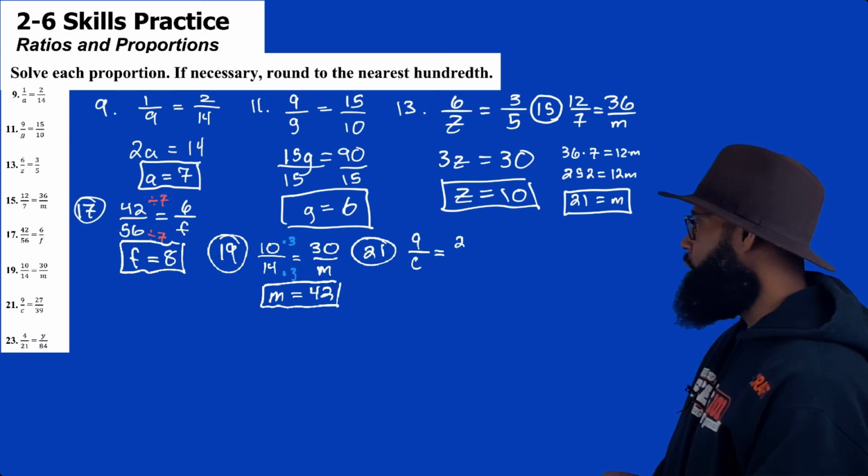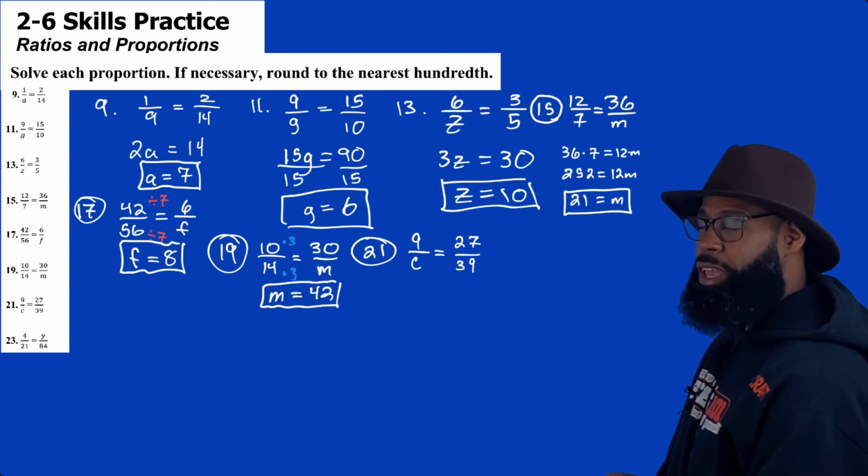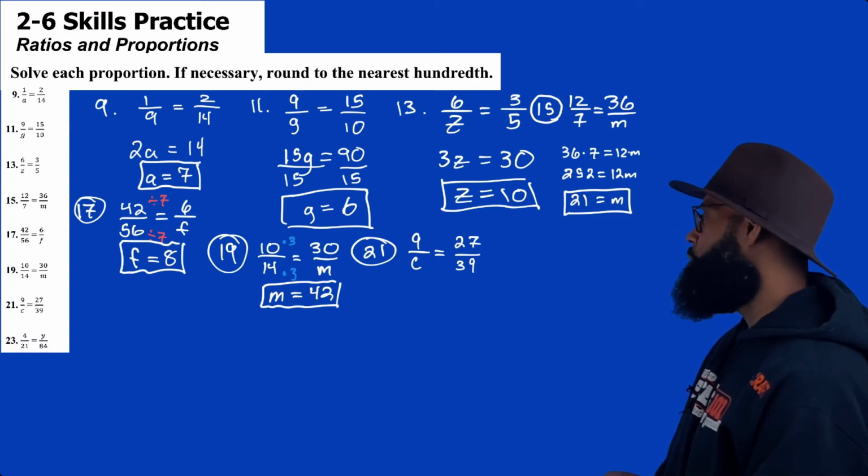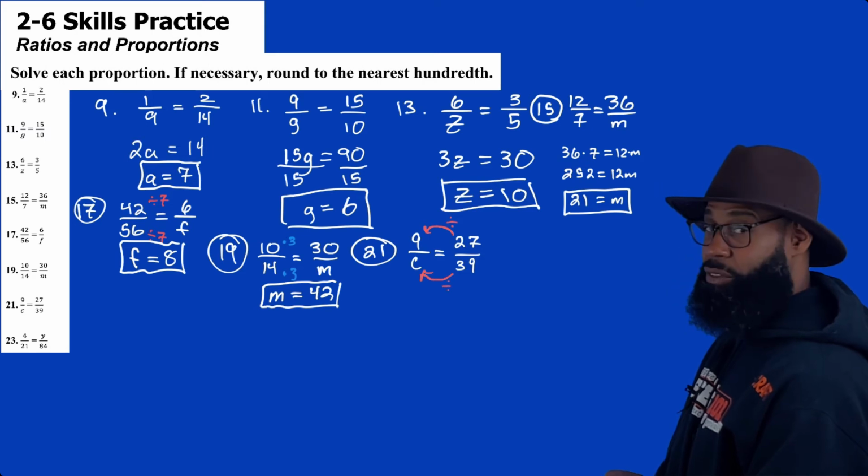9 to C is equal to 27 to 39. So my numerator and numerator, can you turn 9 into 27? Yes, you can. Can you turn 27 into 9? Yes, you can. If I were to divide 27 by 3, I would get 9. So I'm going to go ahead and do that to the bottom. I would divide 39 by the same value.